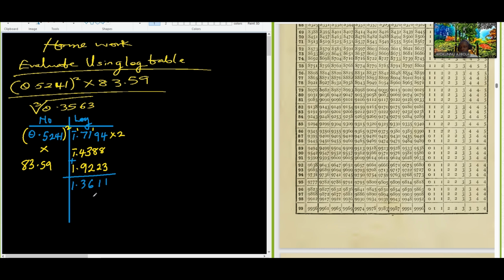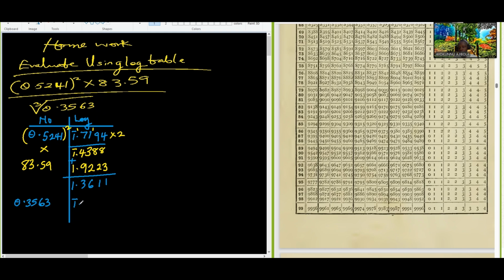So the next thing is to deal with the denominator. Denominator is 0.3563. If you change it to standard form, that is 3.563 times 10 raised to minus 1.